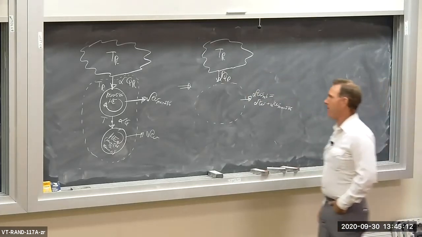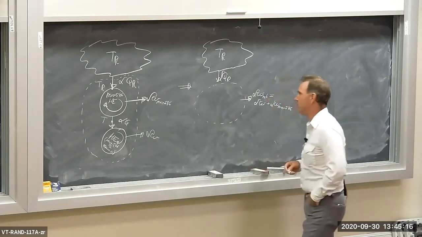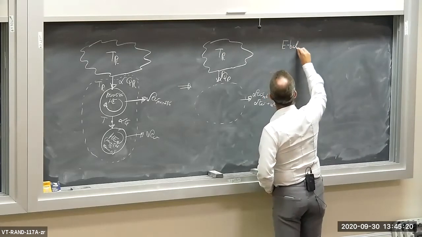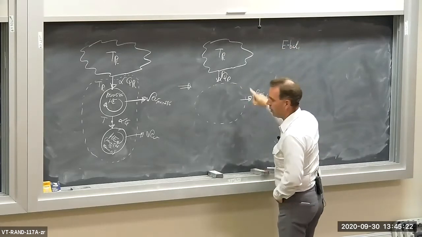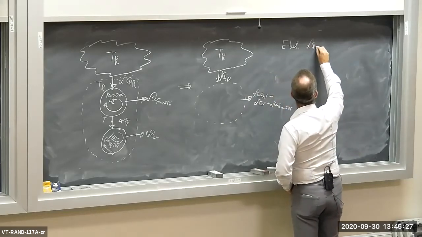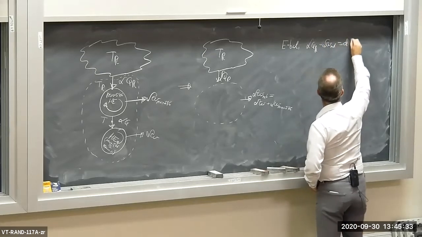Also, from the energy balance on our composite system, the energy balance says del Q reversible minus del W net is equal to dE.